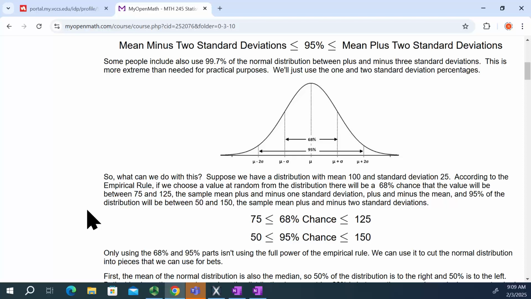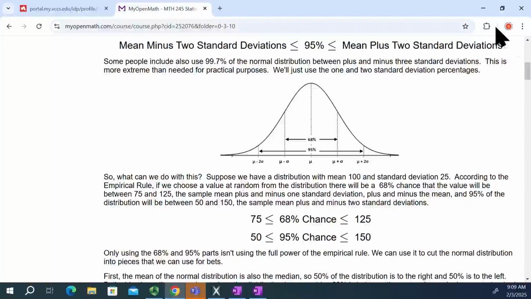If we have an observation at random from this distribution, we would expect 68% of the time that it's between one down and one up. And that's a bet. We don't know if it's true or not, but that's the bet.